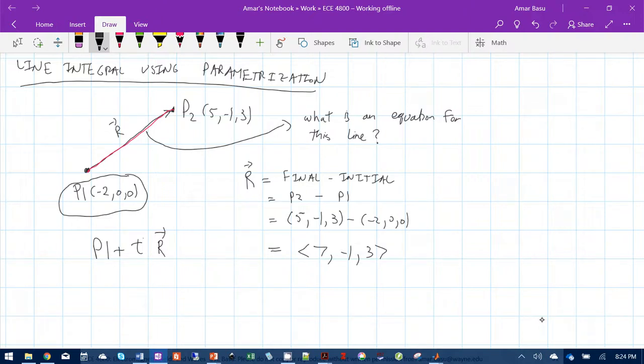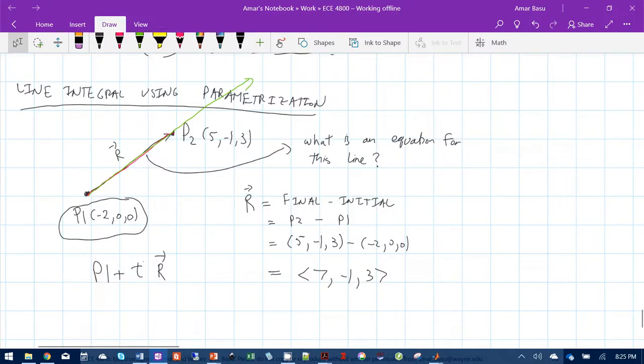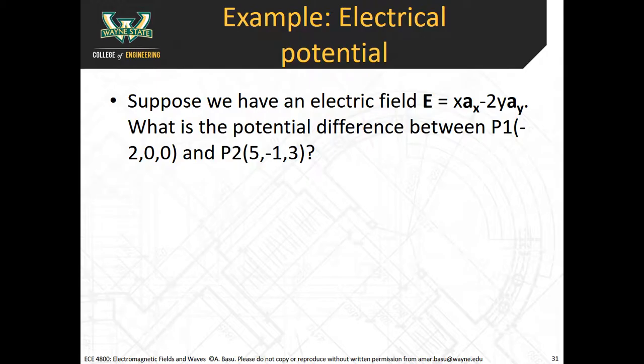It's going to take you to P2. What is P1 plus 2 times r? It just takes you twice as far. I'm sorry? I think it's -2, yeah. There's a negative sign there. Sorry about that.